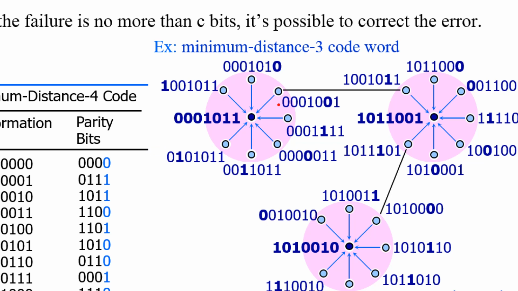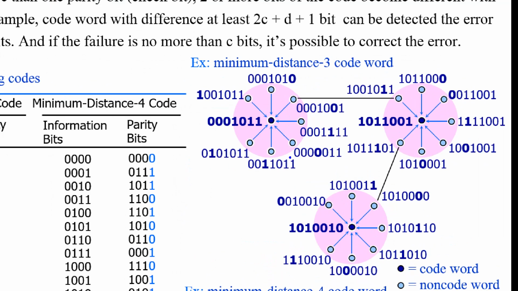If only 1 bit changes, it can correct back to the correct answer by itself. But if it changes more than 1 bit, first of all this bit changes to here, the system may understand that maybe this bit changed, then it may correct to this one, but that's not true, it's not correct. So this system can support only a 1-bit error that it can correct by itself.